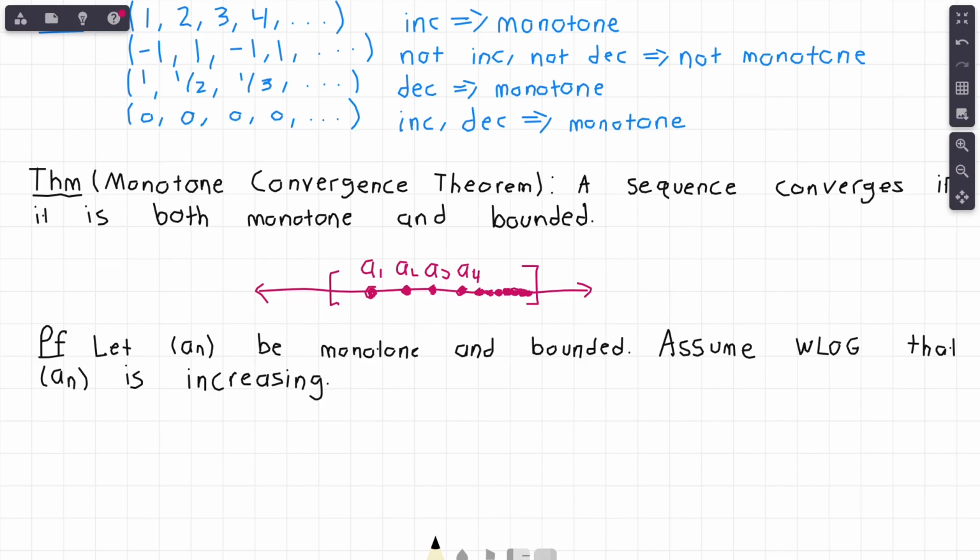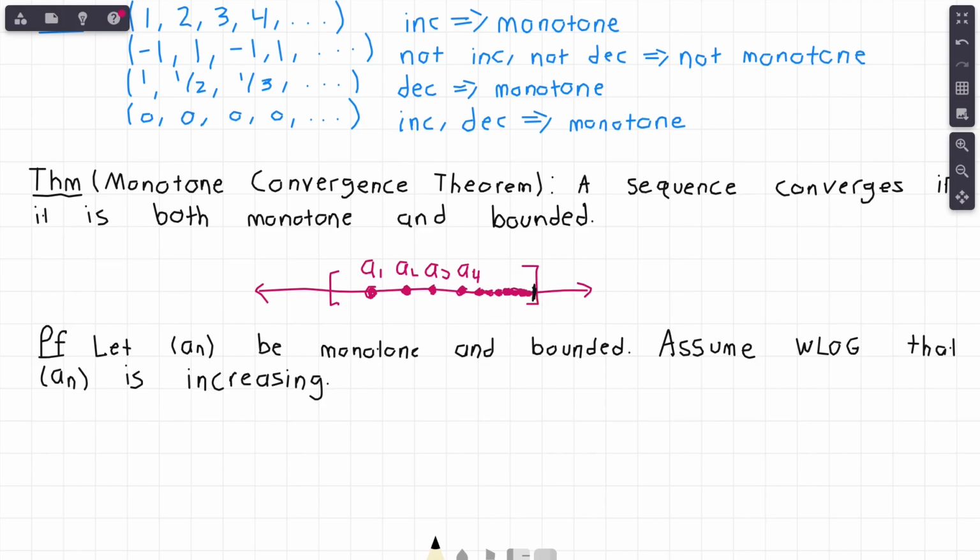Okay, and what we're going to try to show is that the sequence a_n is going to converge to the supremum of the sequence, or somewhat like the maximum, the least upper bound.